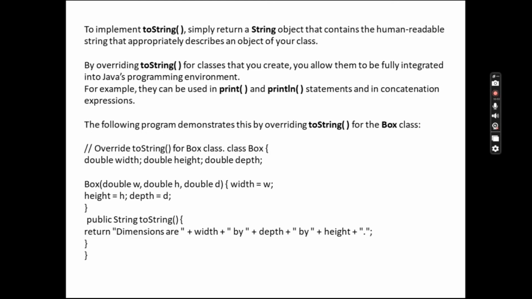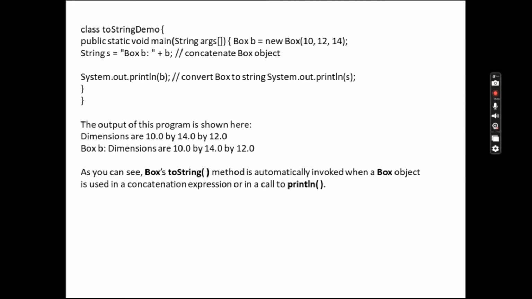So here what we did, we initialized it in a parameterized constructor, then we overrode the toString method, and then we printed this b in System.out.println. So 10, 12 and 14 values are displayed in the output.